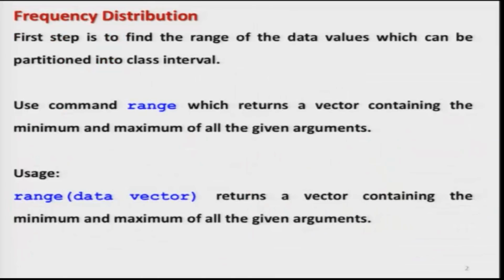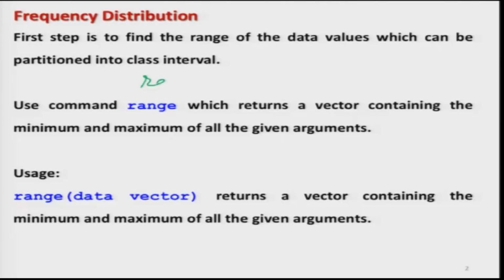So, the first step in the construction of a frequency distribution is to find out the range of the data values. The range of the data values is defined as the maximum value minus the minimum value. Once you get the range, you will have an idea of how many class intervals this range has to be partitioned into.